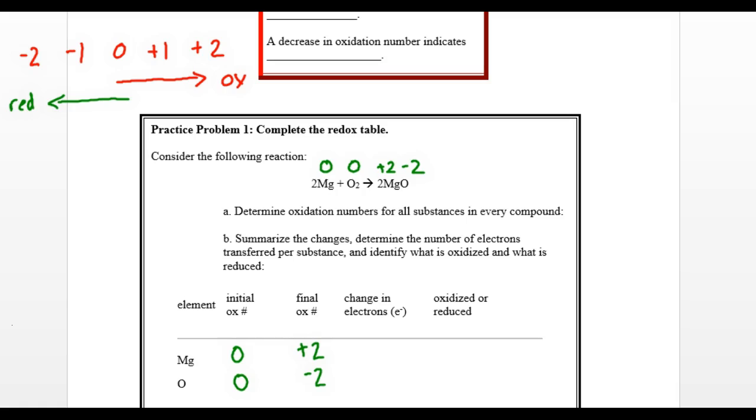If we tabulate down here what's happening with oxidation number, we start off with a 0 as magnesium's oxidation number. It's positive 2, so that means it's going from 0 up to positive 2 here. That means that it is losing electrons.